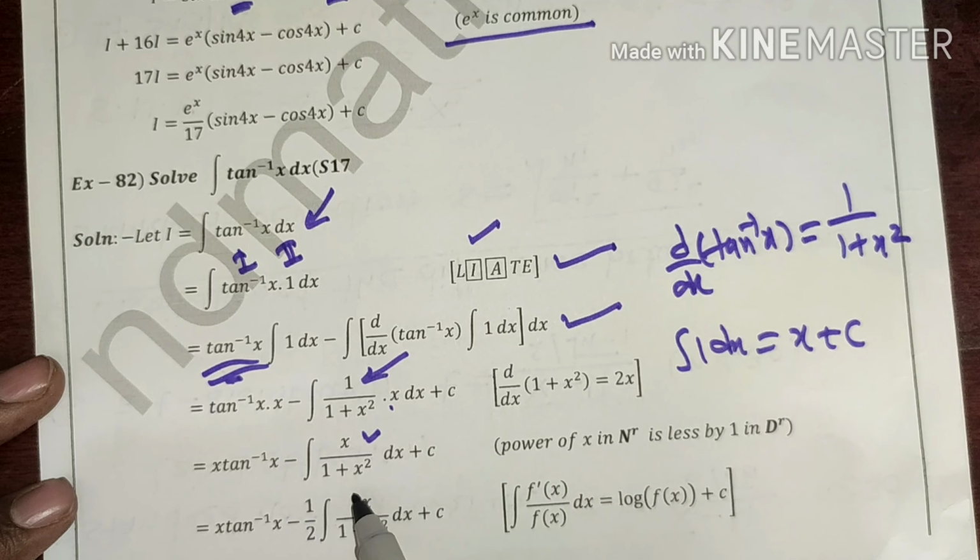So we arrange. See here, the power of x in the numerator is less by 1 than in the denominator, meaning the power of x is 1 and the power of x square is 2.